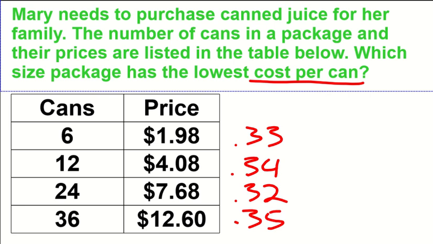And for the 36, you get 35 cents. It's the lowest cost per can, so you're looking for the lowest number. That's the 32 cents. Any questions on that? It's still not too tough to do. It's just you got to do it 4 times in a problem sometimes.